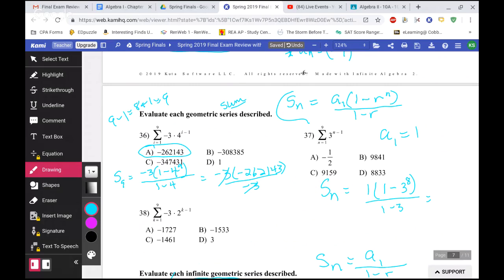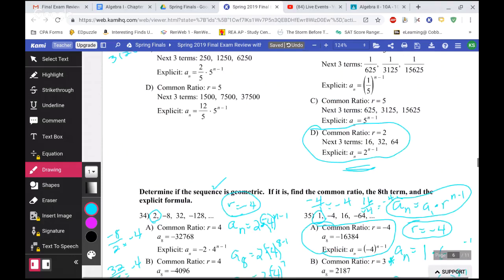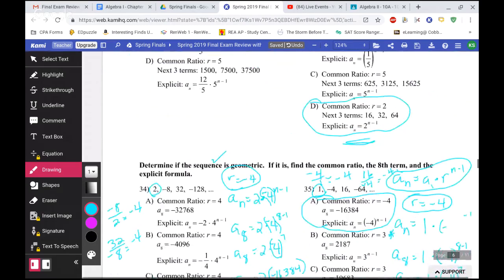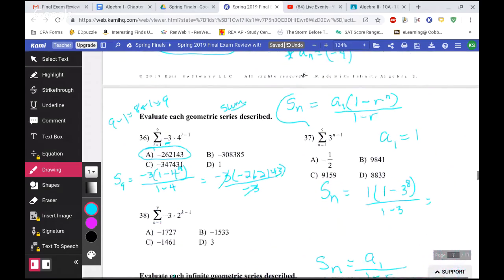Wait, really quick. How do you find A1? That's what I just explained. Oh, sorry, I was trying to write another problem down. A1 is this first term here. When it's not given, like on 35 and 33, where the first term is a 1, it's not going to show up in the explicit formula because 1 times anything is itself.